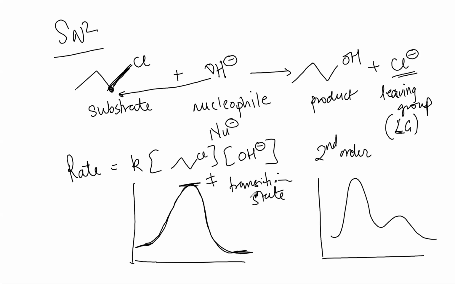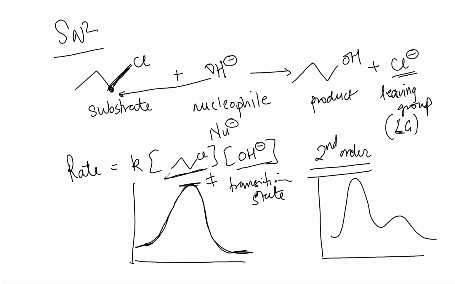So the link between the mechanism of the reaction, the order of reaction, and the graph, all of these 3 things are connected together. And the way they are connected is it'll tell you how the reaction is progressing. So what this tells us is that the order of reaction is second order. It is first order with respect to the substrate and the nucleophile.